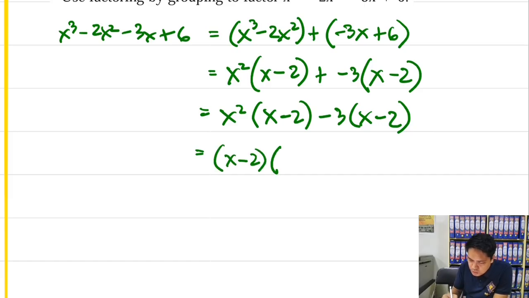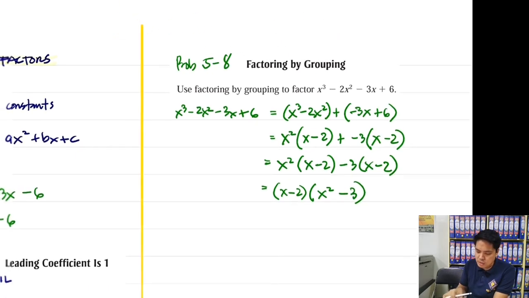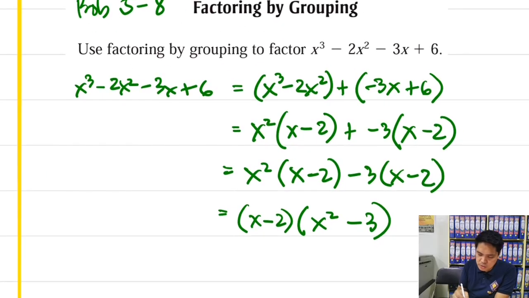If you factor out x minus 2, here, ito na lang may iwan, x squared. If you factor out x minus 2 here, ito na lang may iwan, minus 3. So that is now the complete factorization of this polynomial.